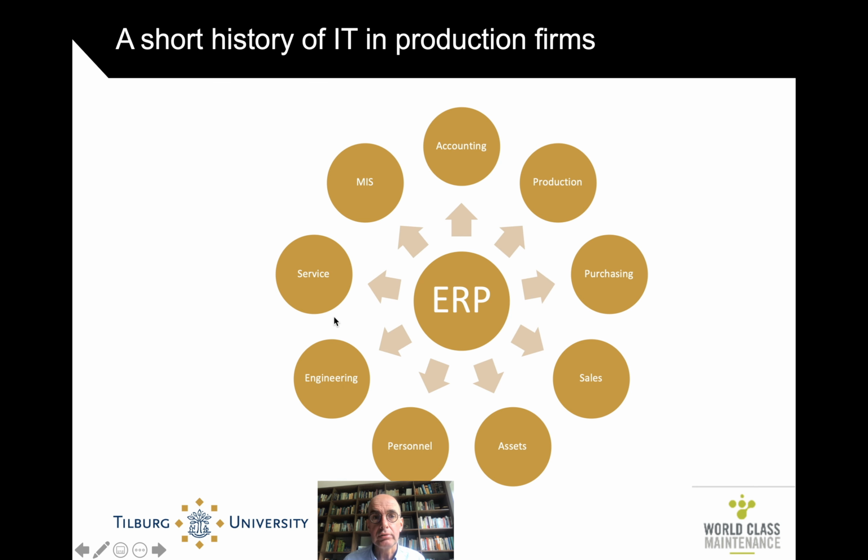Those also integrated services, field fleet management, MIS functions, and engineering, although not so much, because those used to be standalone systems working on workstations with very specific hardware requirements, and still pretty much a black art, you could say.